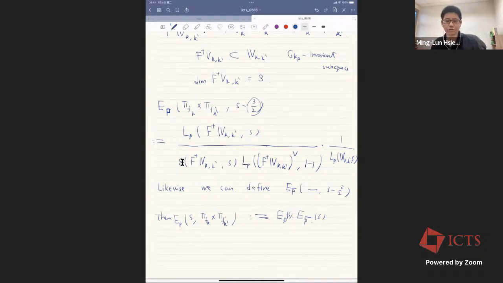So this is the definition of the modified Euler vector in terms of the local Galois representations. This modified Euler vector has degree 12.